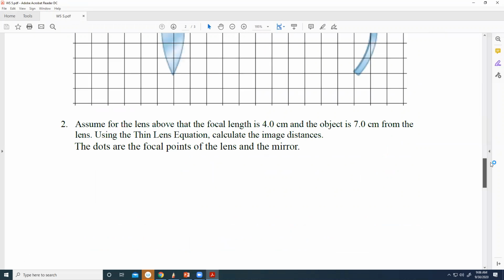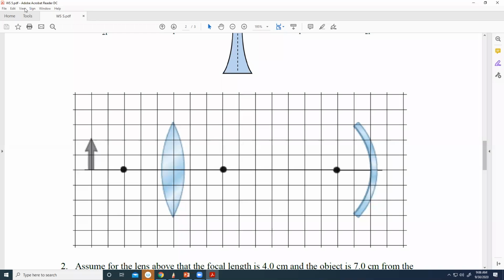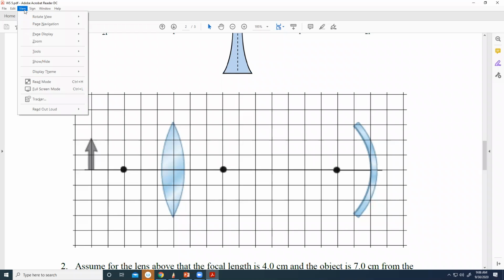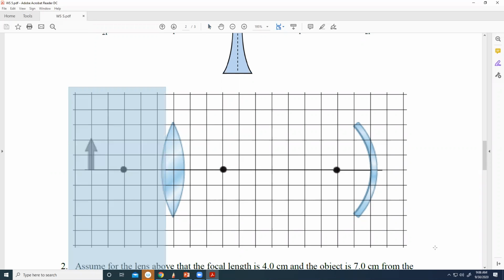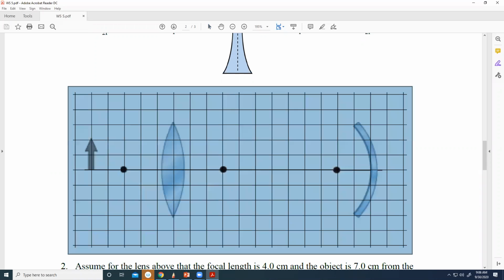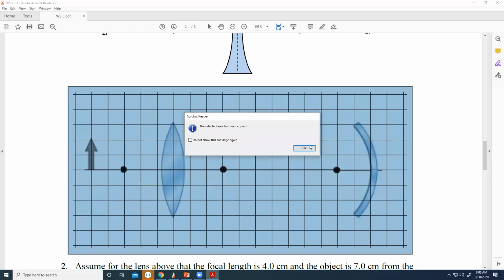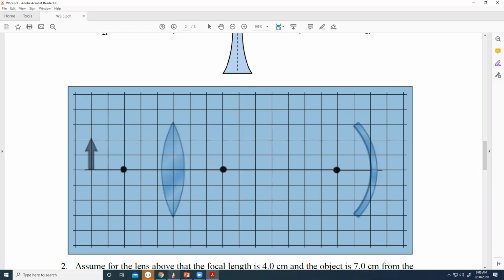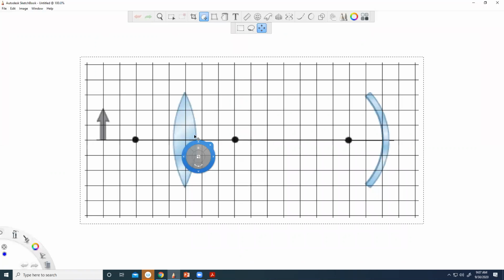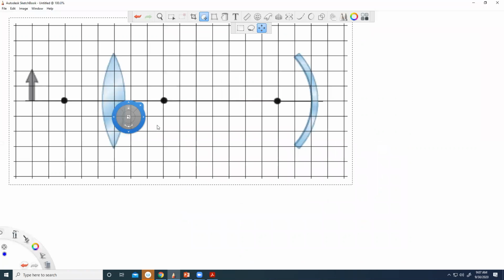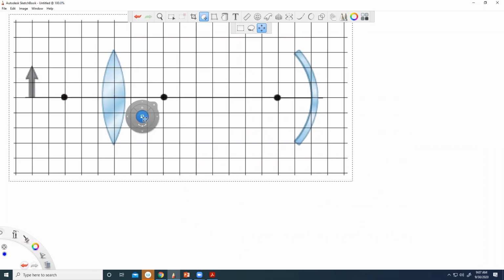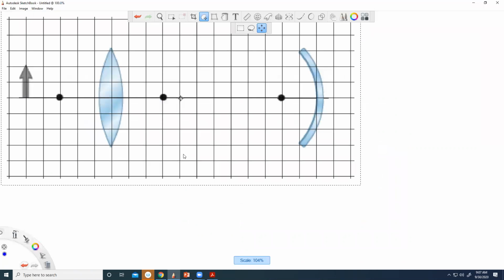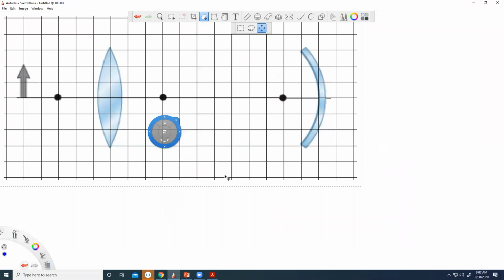So here's the one. Let's copy and paste it.